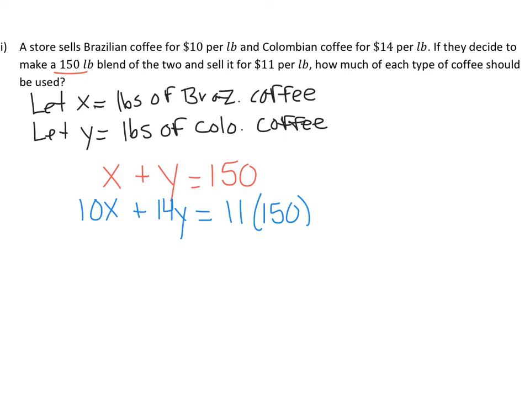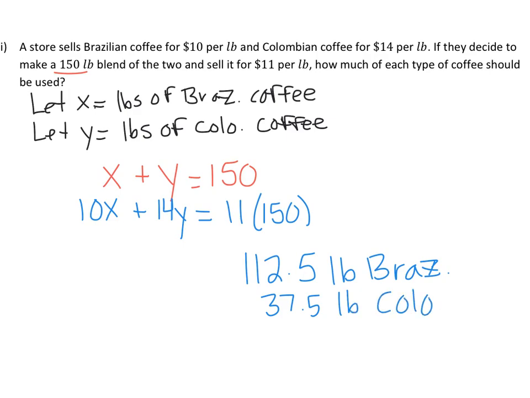Those are your two equations. Go ahead and solve them any way you prefer. You should have wound up with 112.5 pounds of Brazilian and 37.5 pounds of Colombian. Again, if you didn't get these answers, go back and see where you made your mistake.